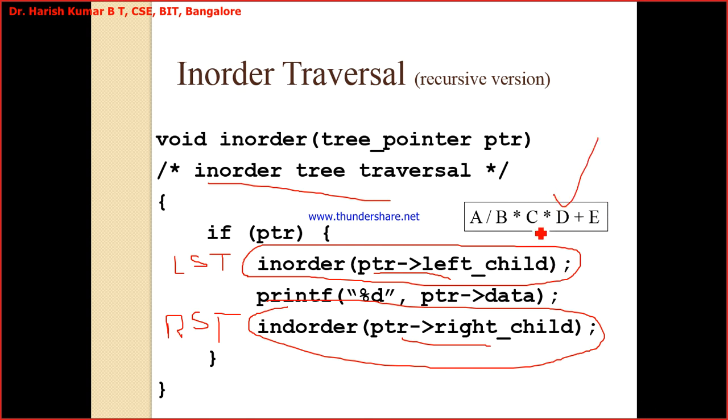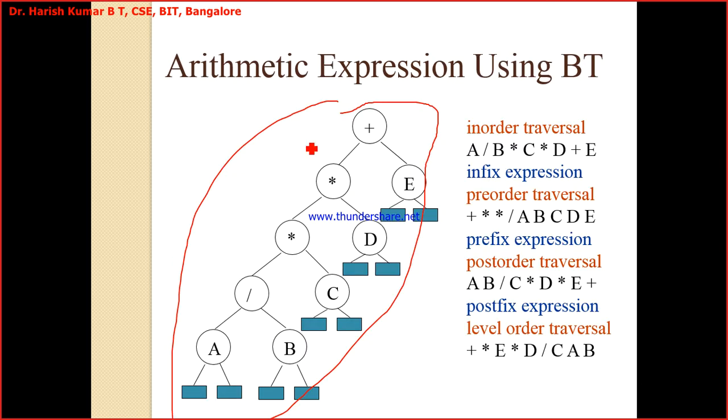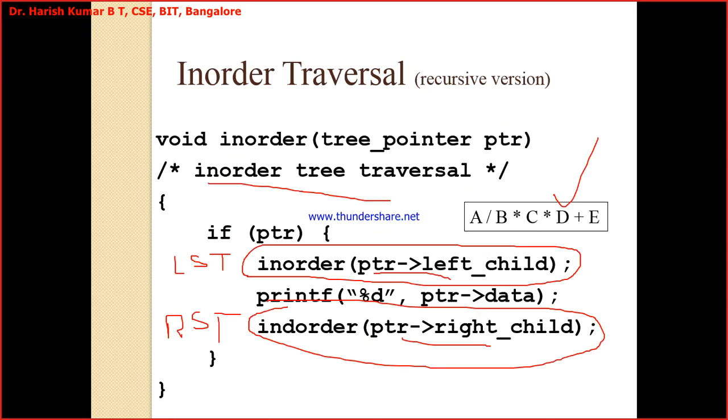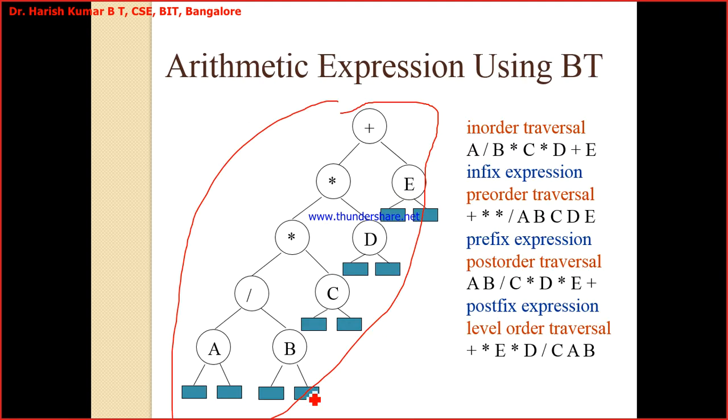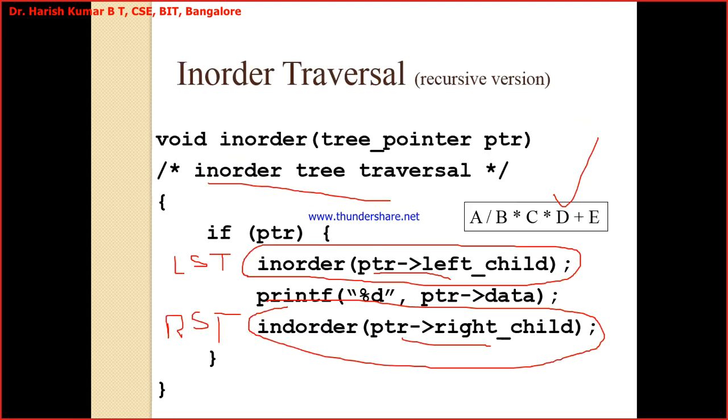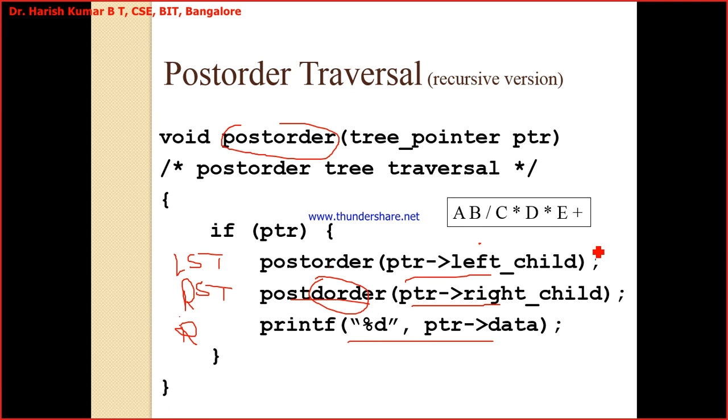This is the infix expression that you're seeing. Similarly, when I perform the pre-order traversal of this tree, I get the prefix expression. Similarly, when I perform the post-order traversal of this tree, I get the postfix expression.